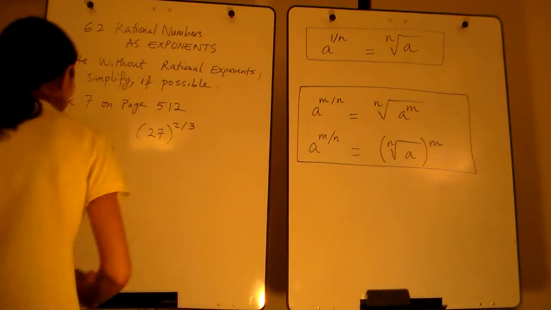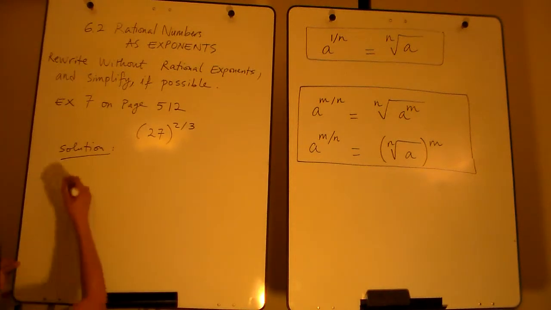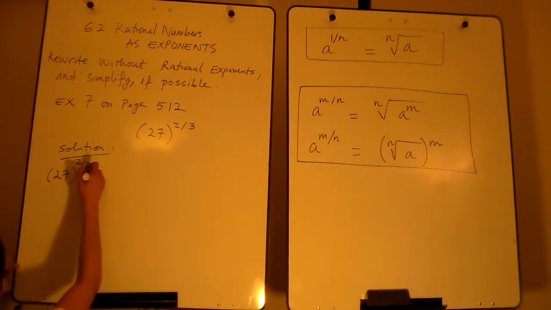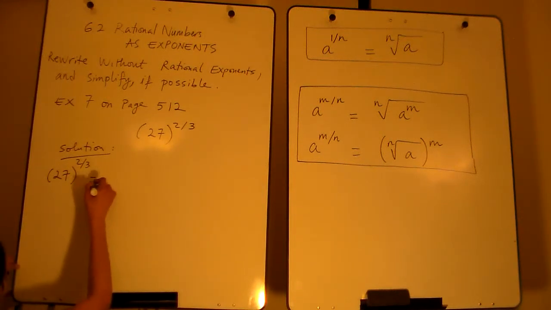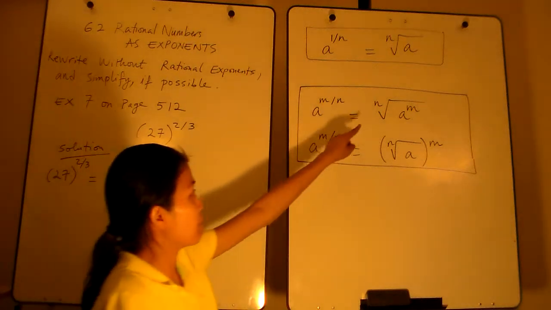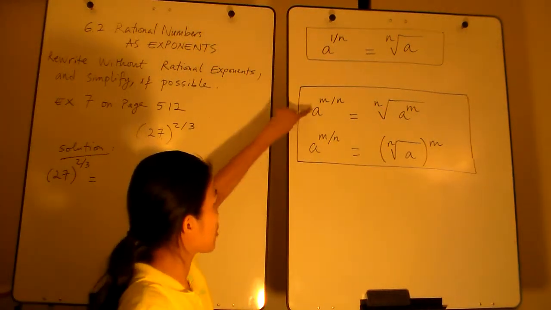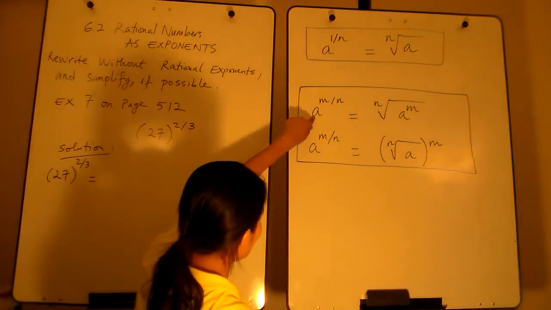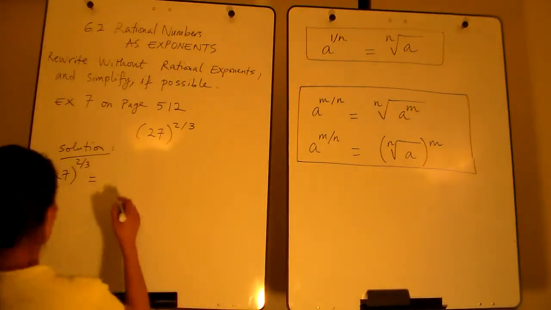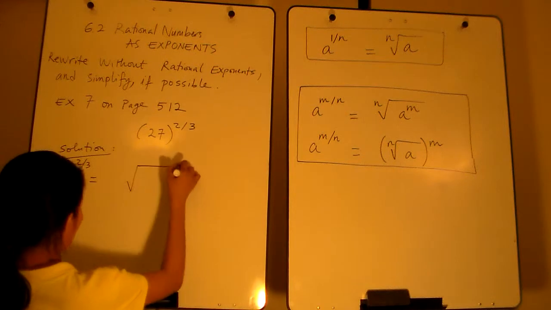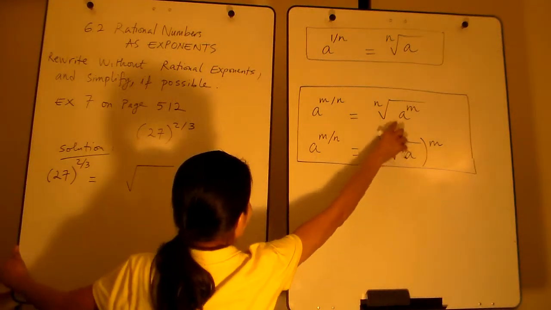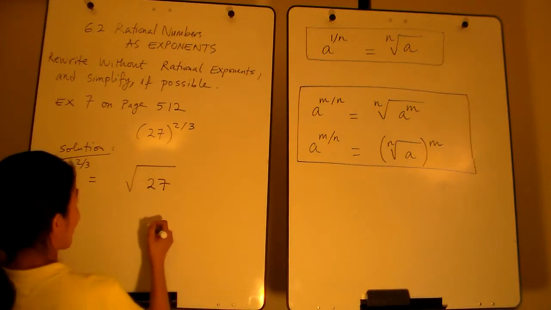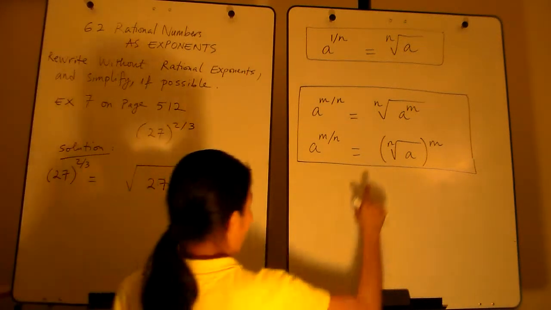Alright, let's try this. We're given 27 raised to 2 divided by 3, okay? Let me use the top one, so I'm going from here to here. I would have a, the base, equal to 27, and then raised to the m power.